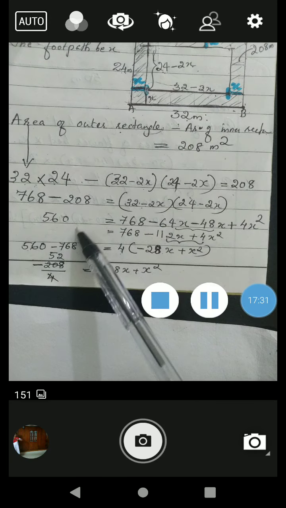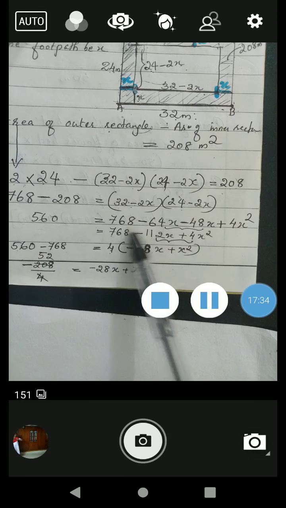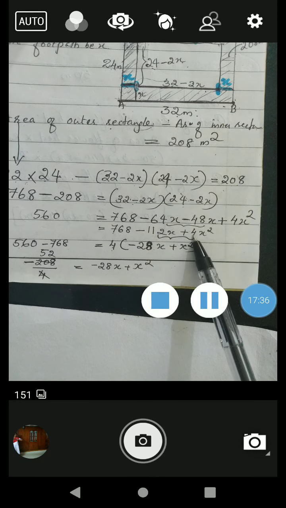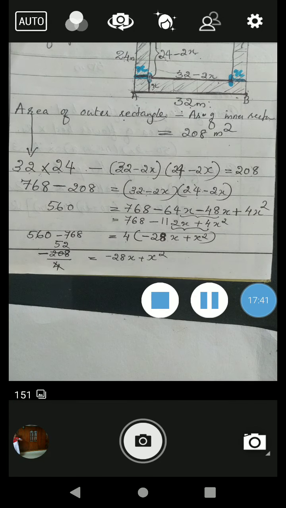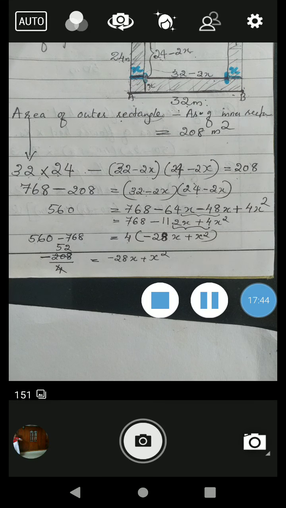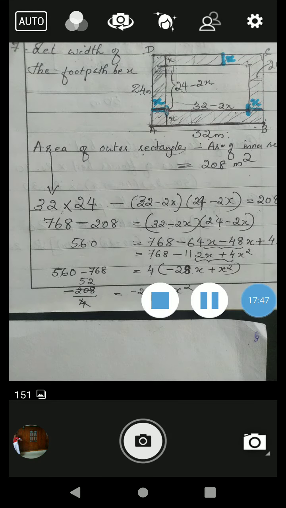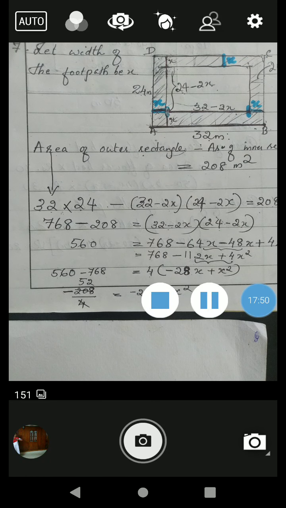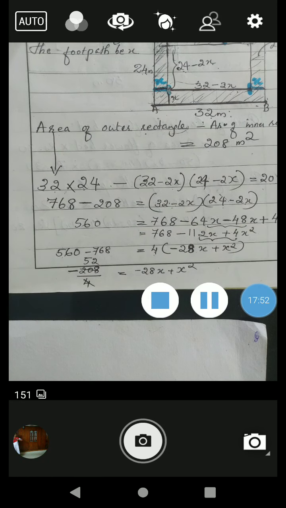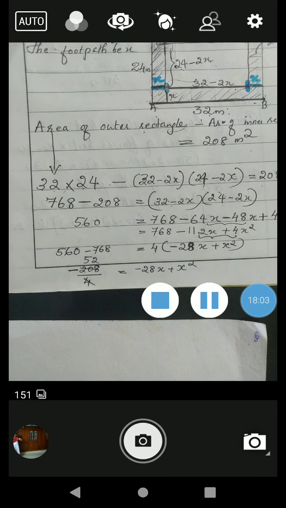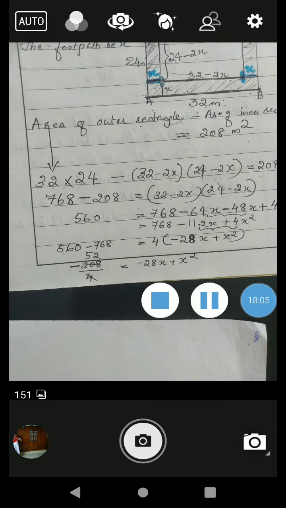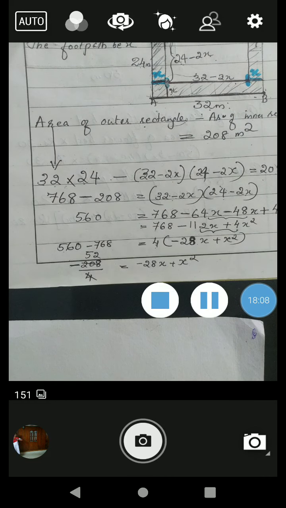Okay, when we simplify this, you can see these steps, and you will get a quadratic equation, that is x square minus 28x minus 52 equal to 0, and you can find x as usual. You can solve this quadratic equation, and the remaining part you can do by yourself.